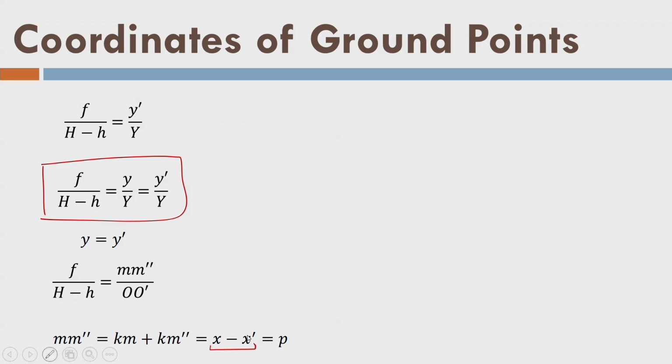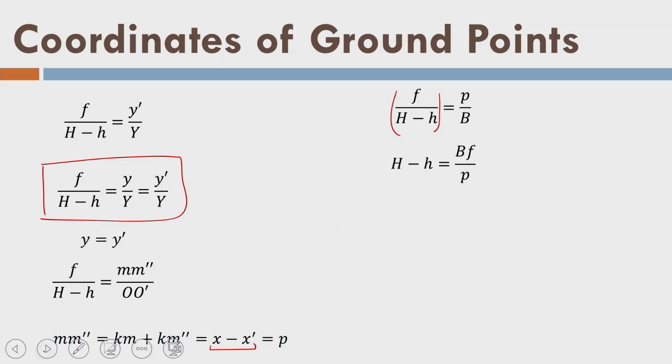and it is my parallax here. Just look at the animation again. So I am writing here P, this term, so f upon h is equal to P by B. Similarly, I can write that B into f, I am multiplying here by B. What is this process?